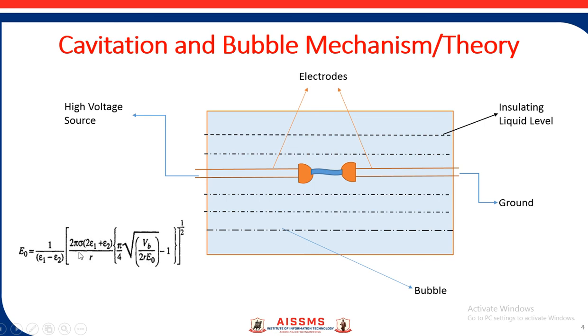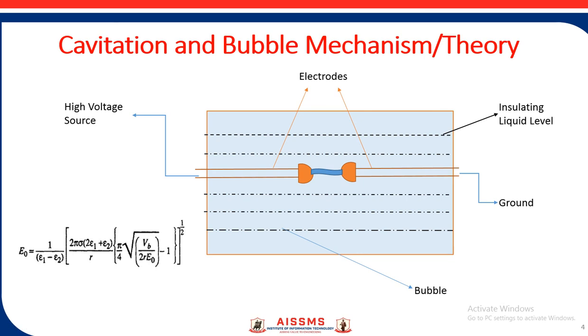In this equation, sigma is the surface tension of the liquid, epsilon 1 is the permittivity of the liquid, and epsilon 2 is the permittivity of the gas bubble. R is the initial radius of the bubble assumed as a sphere, and Vb is the voltage drop in the bubble corresponding to the minimum on the Paschen's curve.